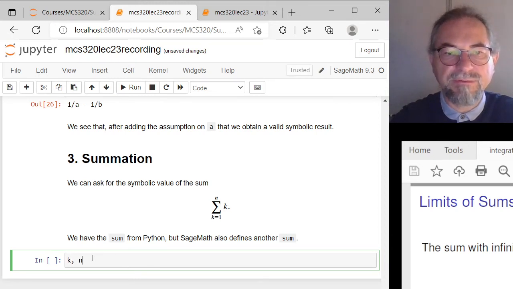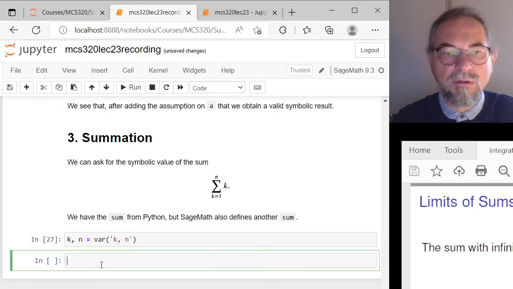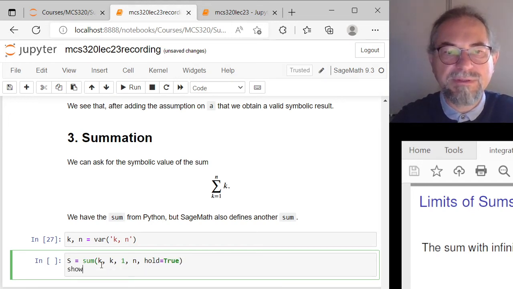So I need symbols k and n. So the sum that I will define is the sum of k for k going from 1 to n, and I will keep this as the symbolic sum. So hold off a little bit.